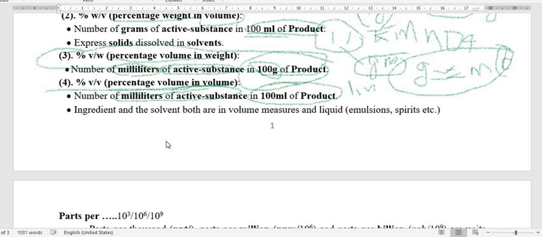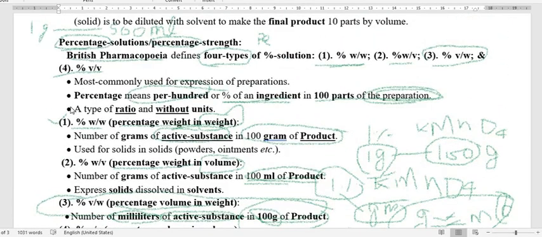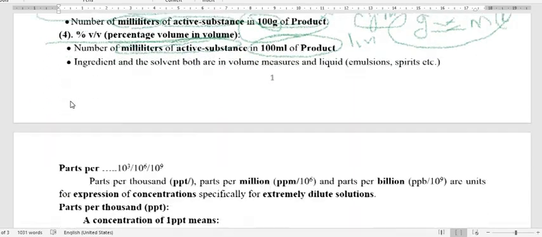If we are mixing here both the active constituent and the final volume in volume, both things are in volume. That is why we call it volume by volume. So this is all about percentage strength or percentage solution.